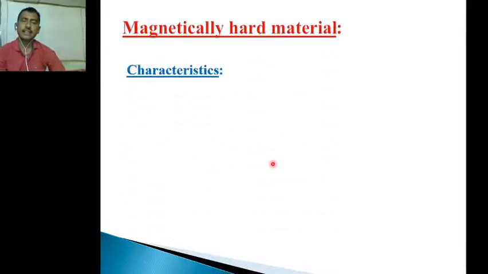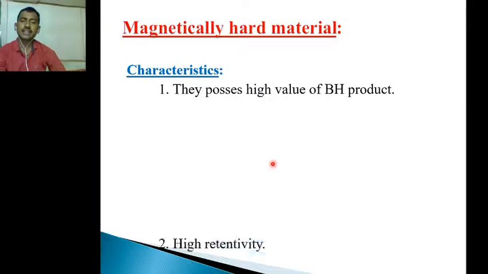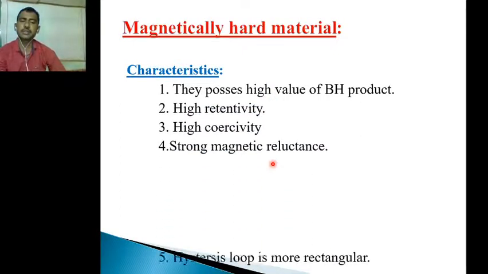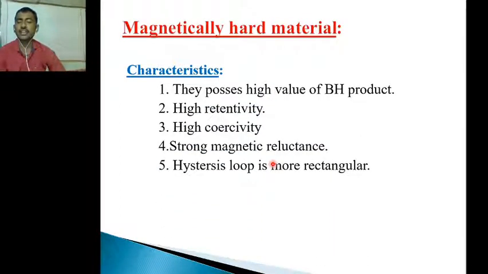And next, magnetically hard materials. What are the characteristics of magnetically hard materials? The first one is that they possess a high value of BH product. A high BH product means it has many more losses compared with magnetically soft material. And by observing these two properties, high retentivity and high coercivity, it also indicates some losses when compared with magnetically soft materials.